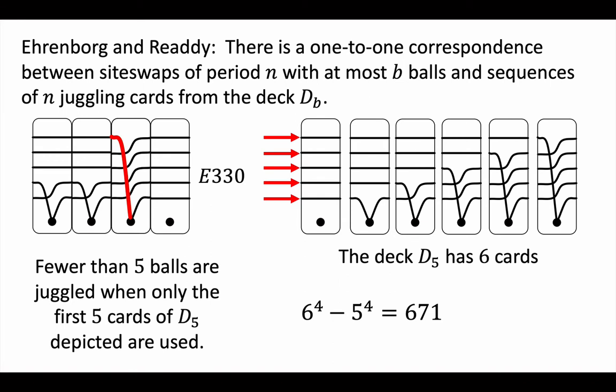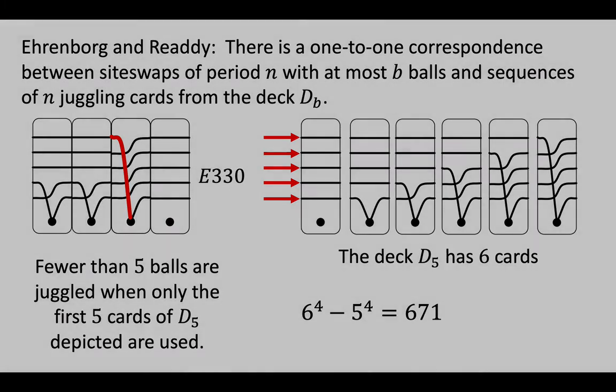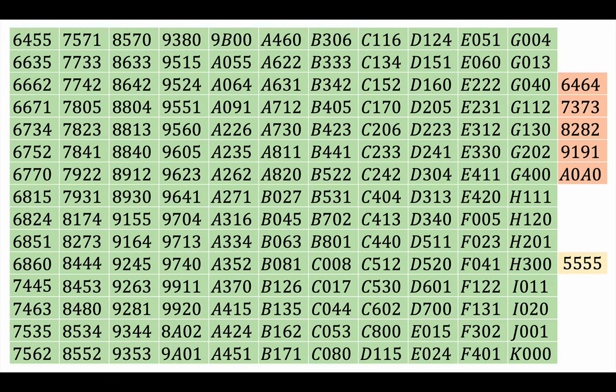I'm going to show you all 671 of these siteswaps, sort of. Here we have all of those 671 siteswaps in some form or another. In green, we have those that will produce 4 different siteswaps if you start shifting the throws at the beginning of the siteswap to the end. There are 15 rows and 11 columns, so there are 165 of these siteswaps.